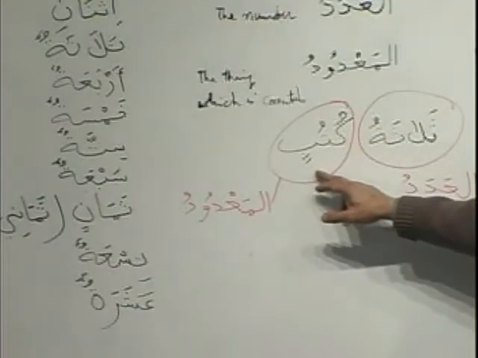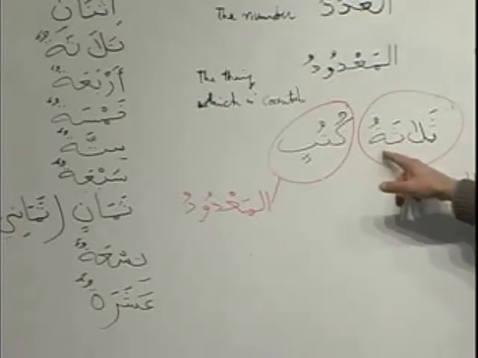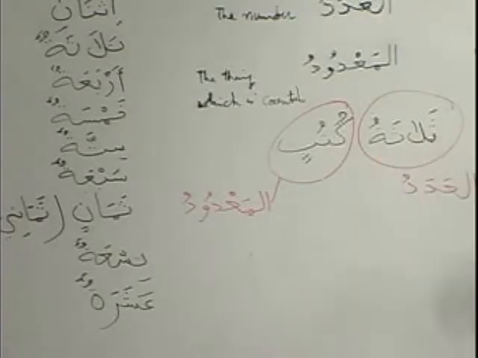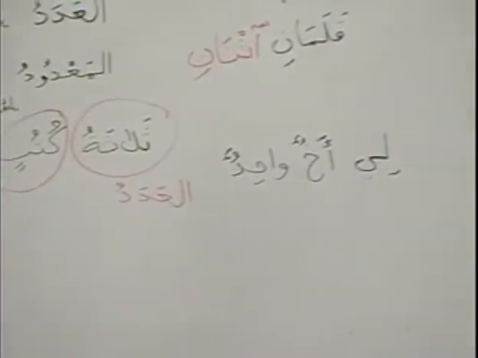Is it masculine? Kitabun is masculine. What is this I see, ta marbuta there? It's feminine. So, if the ma'dud is masculine, then the numbers are opposite. And don't ask me why. I didn't do anything. Okay, that's the way the language is.